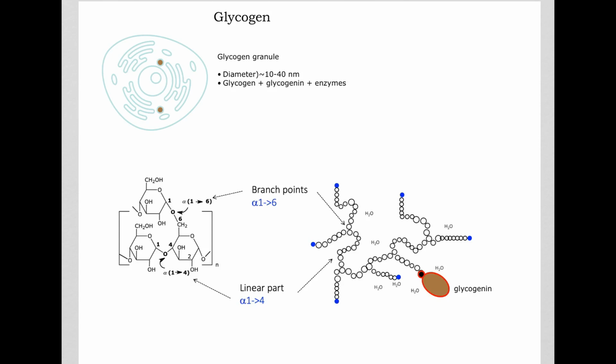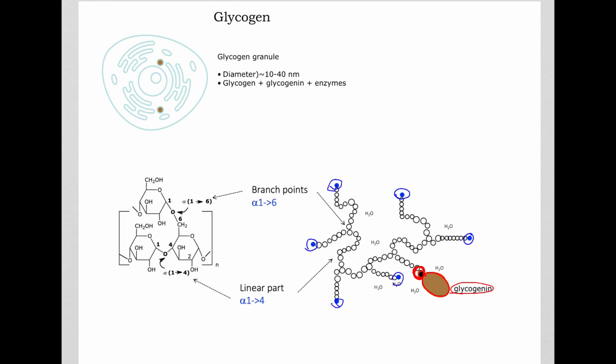Because of this structure of glycogen, it has only one reducing end, and that reducing end is actually connected to the protein called glycogenin. The rest of the terminals of glycogen at the end of every branch are all non-reducing ends.